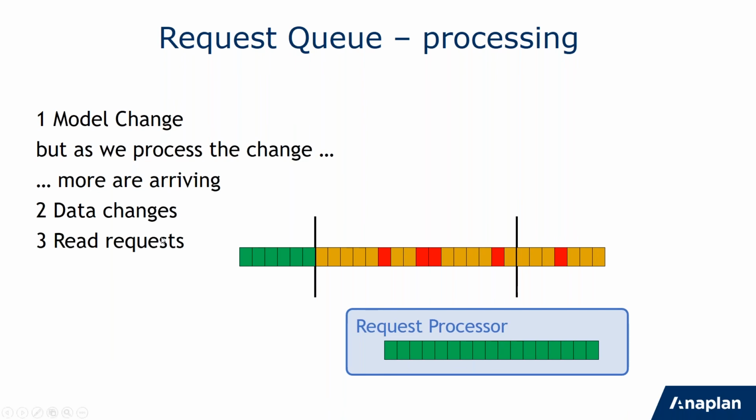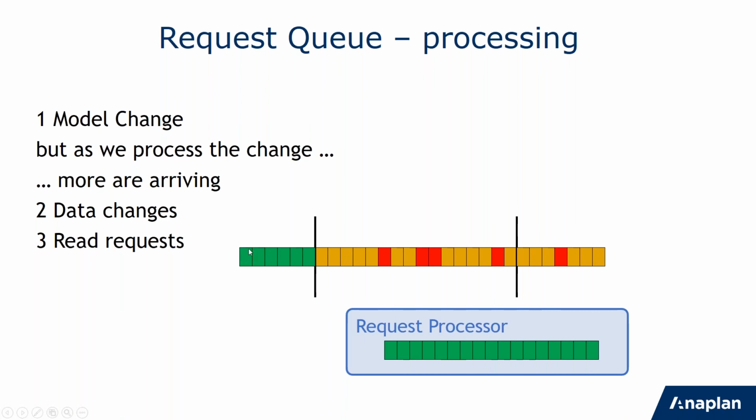And if we did what we did before and we came to here and we processed that model change and then these and then that, these guys, the ones who've been basically just paging down a grid or whatever, they're actually going to have been waiting quite a while.